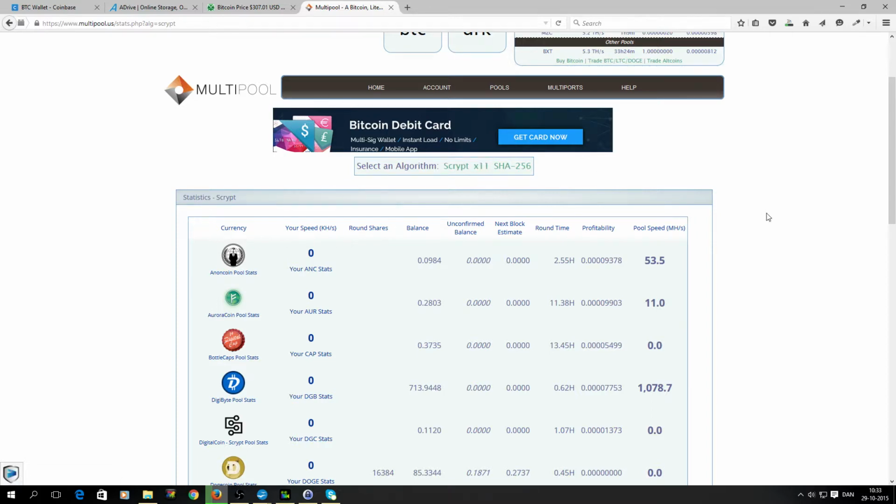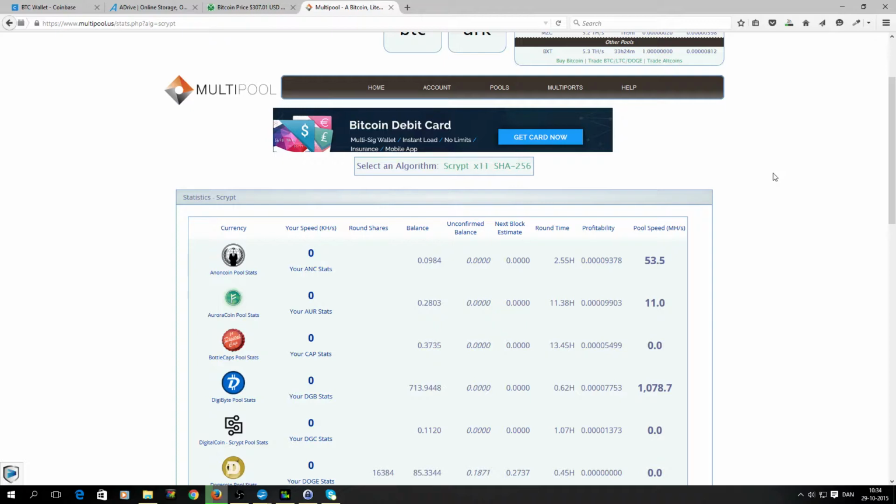But try to look at the profitability of the coins you're thinking about, and choose simply the best one with the highest profitability, and then exchange into the coin that you want to hold long term. In this case, we're on multi-pool, but there are, as I said, many good pools.